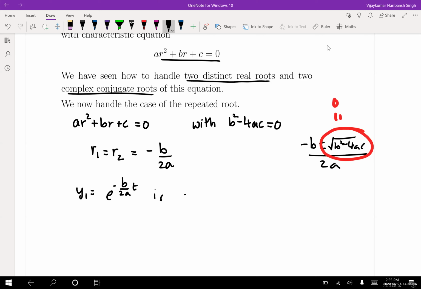This is a solution. However, for a fundamental set, we need two solutions.